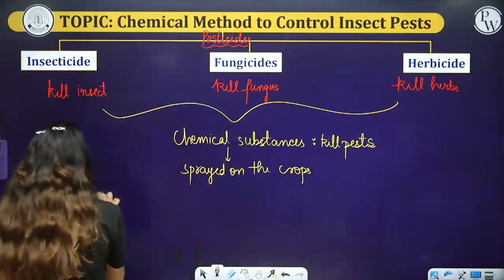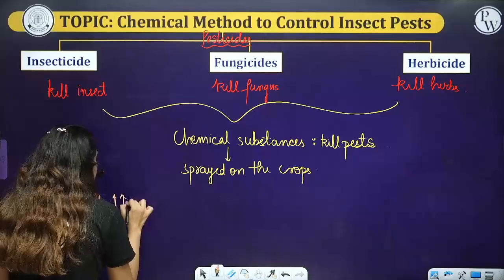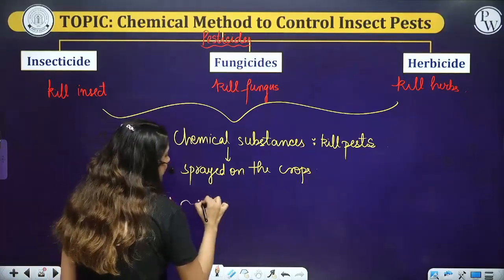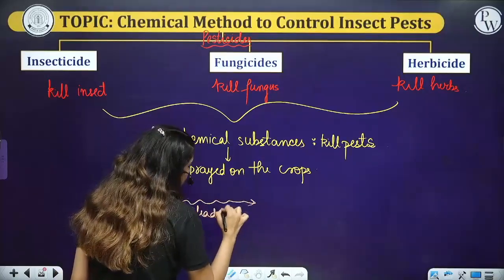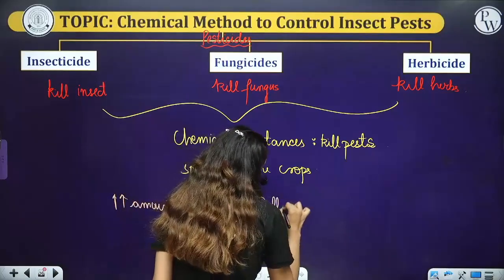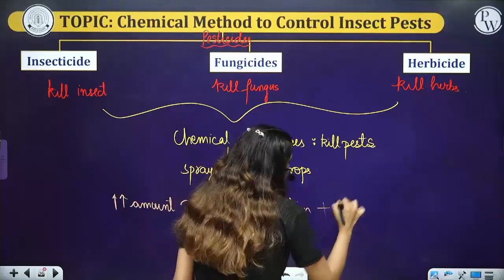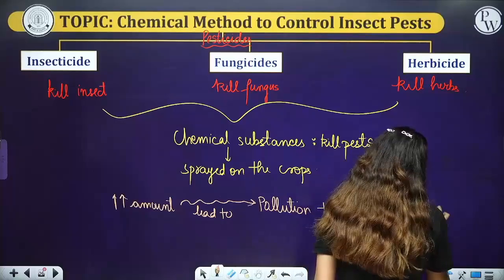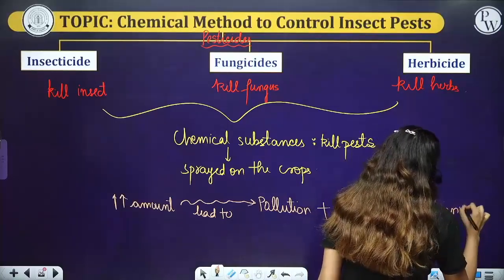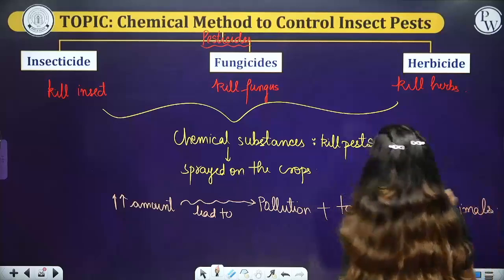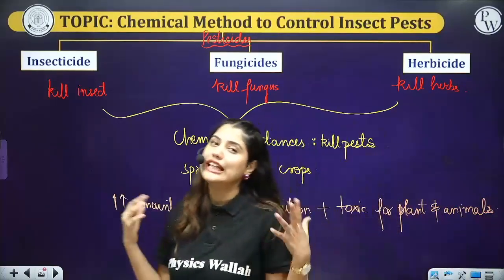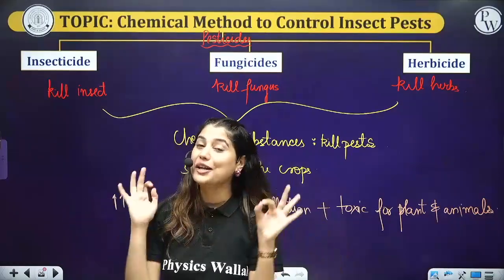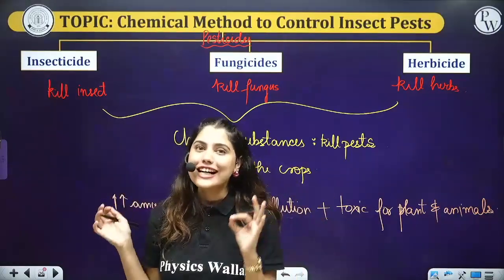And if they are used in large amounts, they can lead to pollution, as well as be toxic for the plants and animals, right? So again, these are chemical substances which can be damaging if used in large amounts. Again, as I've told you, we have to keep that balance. That balance is very important. Balance is the key, right?